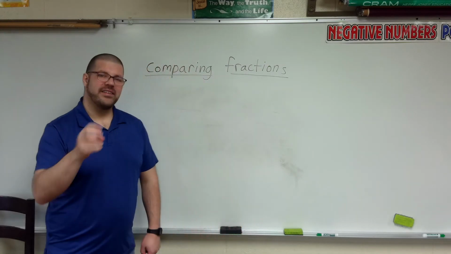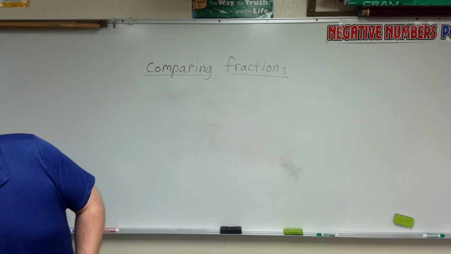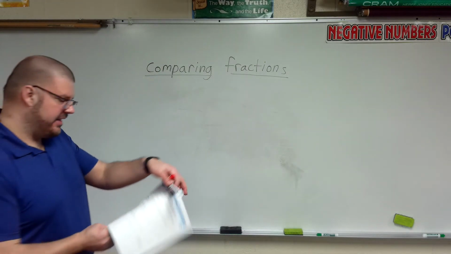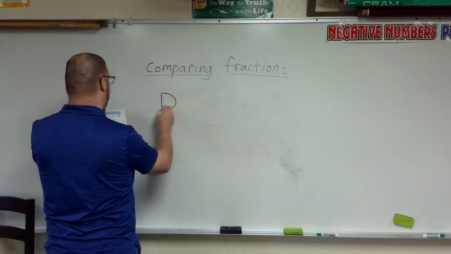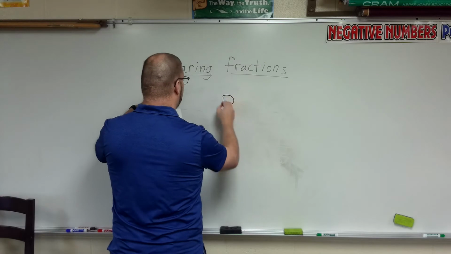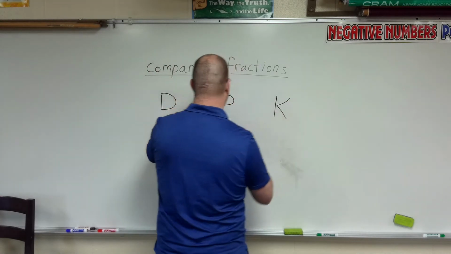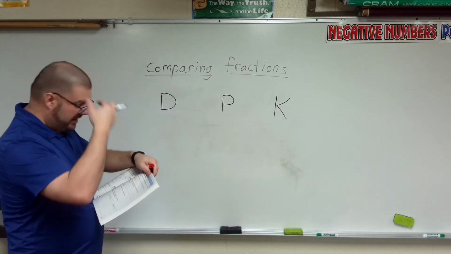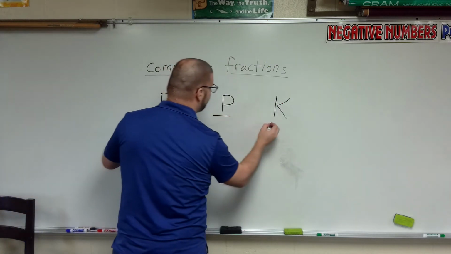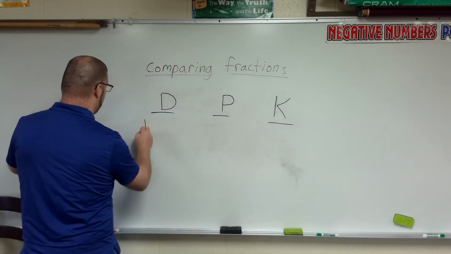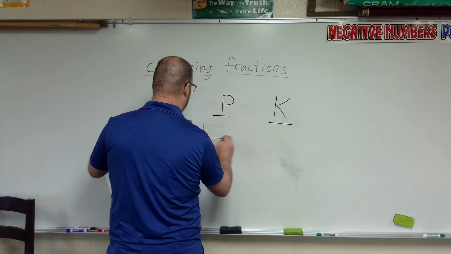But look at problem number 2. Problem number 2 is a little bit tougher. It says Diego, Paula, and Kayana. Let's get fun names here. Now, we're still going to have the same size chocolate bar. So I'll try to draw them the same size as best I can.